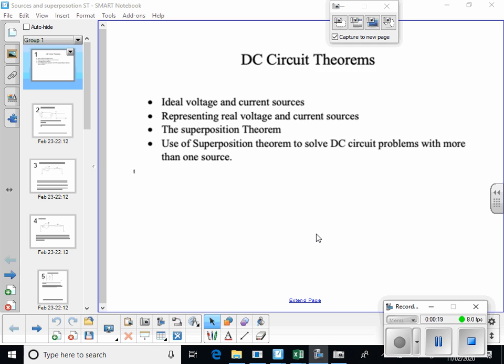We're going to represent real voltage and current sources, and then look at how that theory is used in what's called the superposition theorem, which will allow you to calculate the circuit parameters in a circuit with more than one source. So more than one voltage source, more than one current source. Then we're going to look at how we can use that to solve problems.